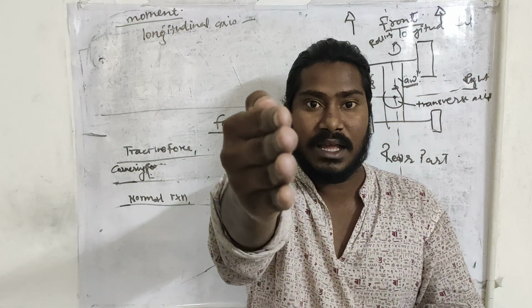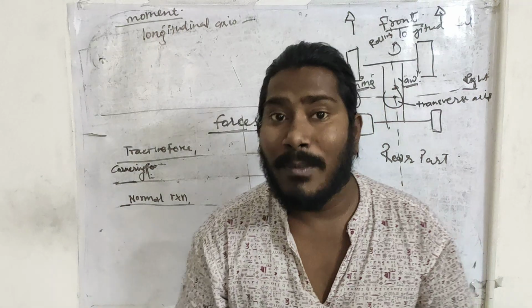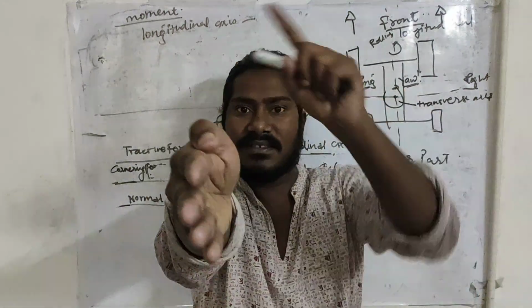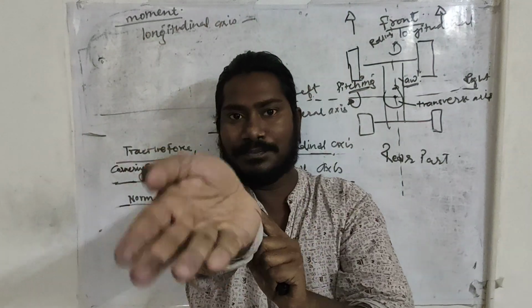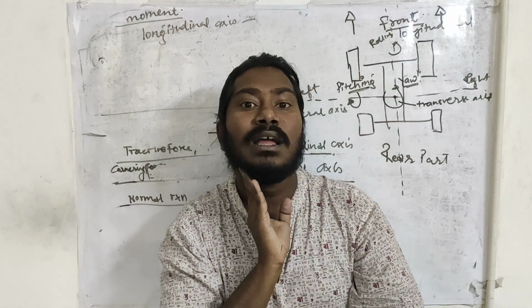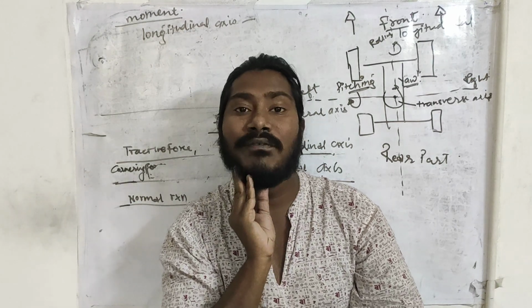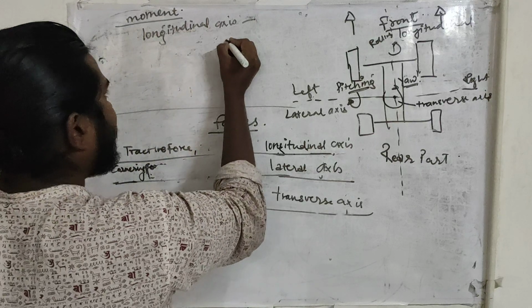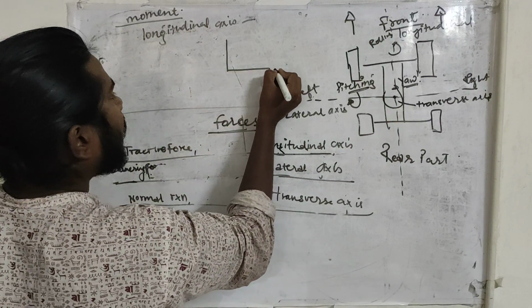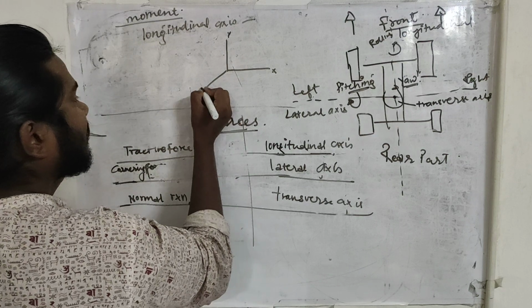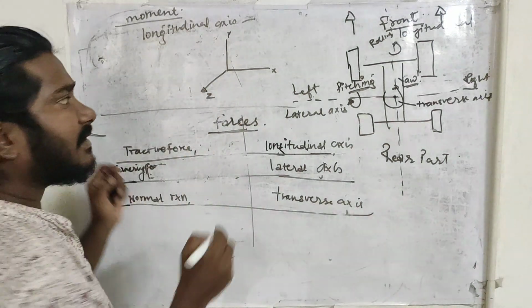Now if I talk about the movement, this is the axis, and this is the movement. This movement is the resultant of the perpendicular forces. If I say X, Y, Z, these are the three axes.